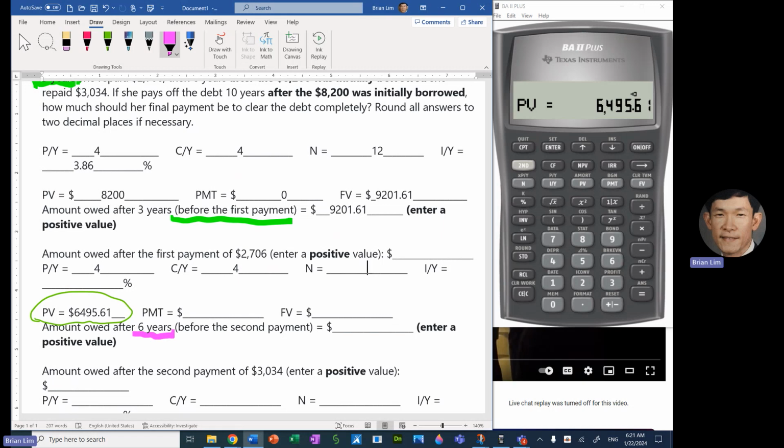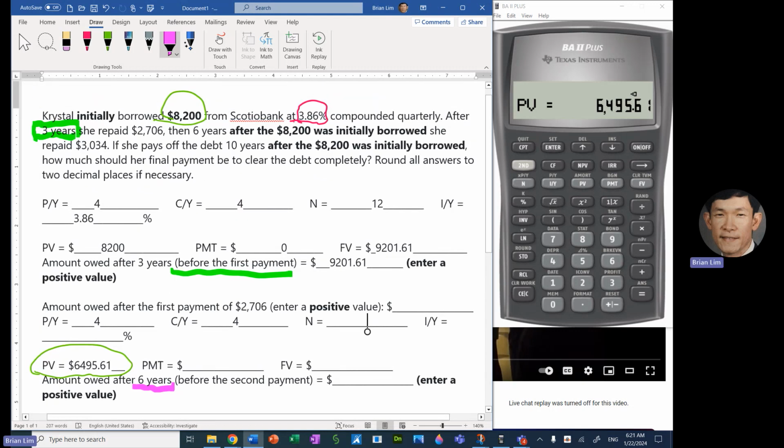So to get at N, we'll have to take this 6 years here and then subtract 3 years, because 3 years have passed and it's 6 years after the initial borrowing.